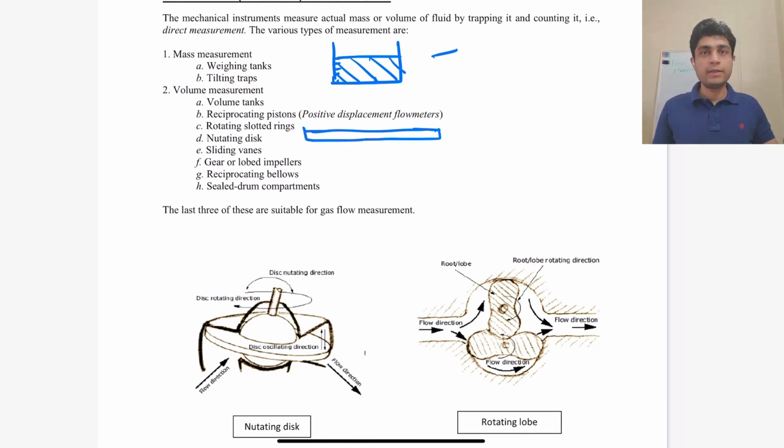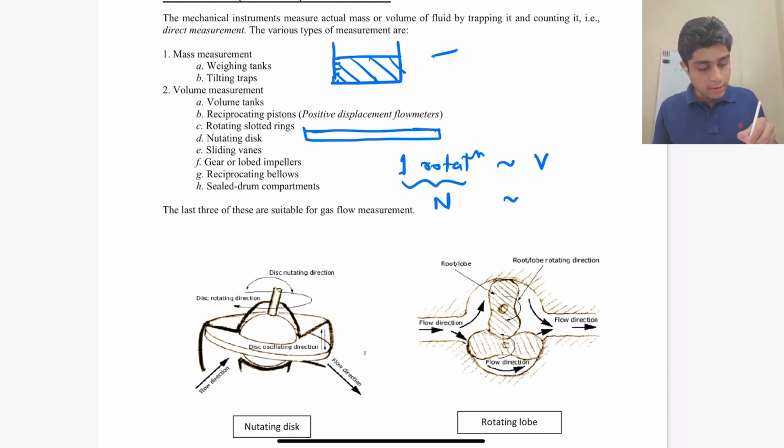So in these flow meters, there is a mechanical part which is either rotating or oscillating, and at one time it allows a fixed amount of fluid to pass through it. So let's say one rotation of this mechanical part is associated with a V volume of fluid. Then if you just count the number of rotations, you would count the volume of fluid that has passed.